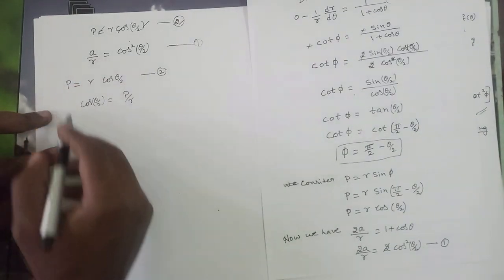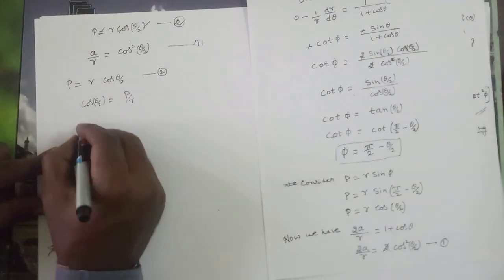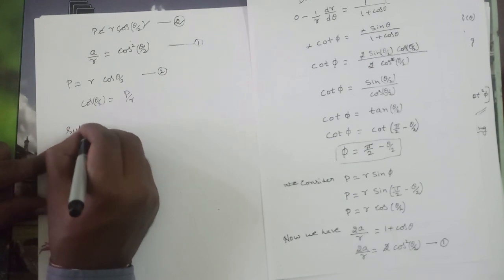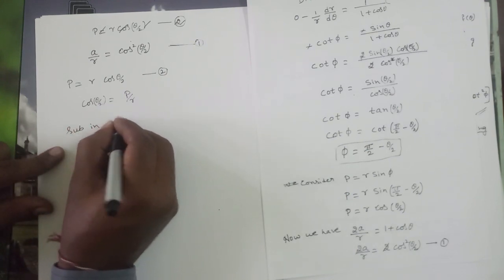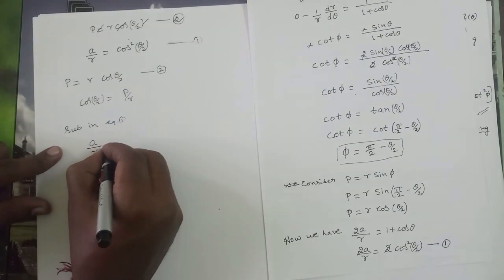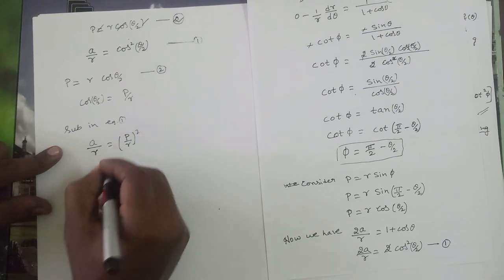So substitute in the above equation 1. What do you get? A by R equals P by R whole square.